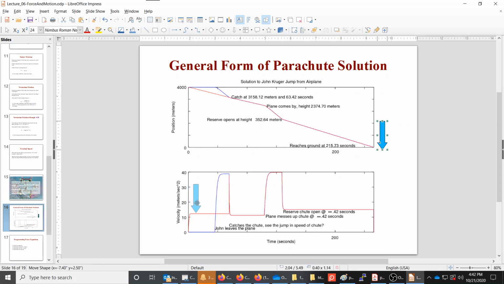So what happens here is that the force due to acceleration and the force due to the speed and the area of the parachute have equalized. And so now it's going to maintain, this is Newton's first law, body stays in motion.